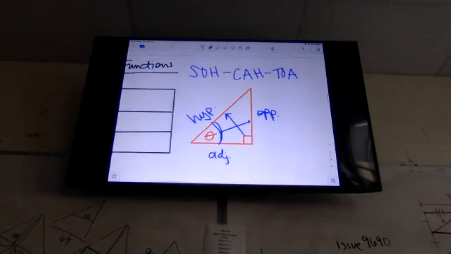Okay. I wrote SOHCAHTOA first because that's gonna help us remember it. The S and the C and the T all refer to sine, cosine, tangent. So that's the function that we're using. The O, H, and A all refer to the sides, opposite, adjacent, and hypotenuse. So the first one, SOH, is for sine. Sine is opposite over hypotenuse.